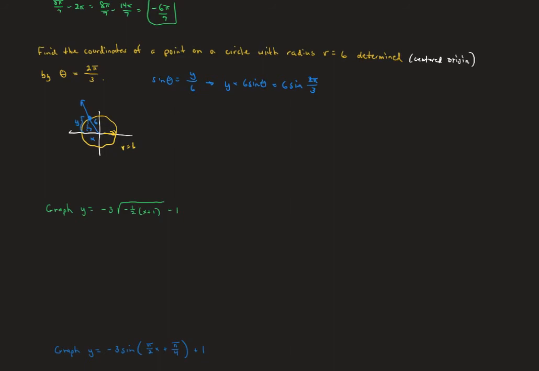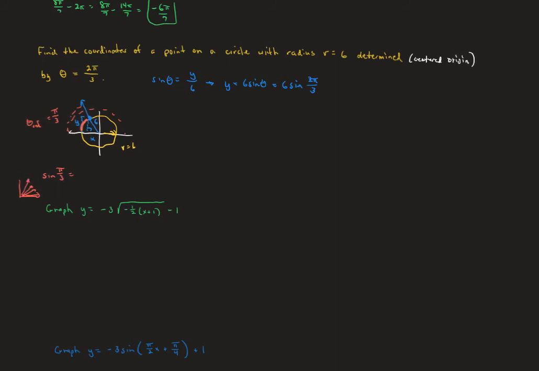So our reference angle right here is going to be pi minus the 2 pi over 3. Our reference angle is pi over 3. So that takes us back into quadrant 1, and we know the sine of pi over 3. Let's see, the sine of pi over 3, we go 0, pi over 6, pi over 4, pi over 3.